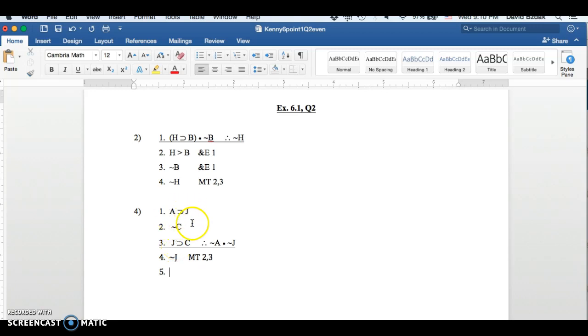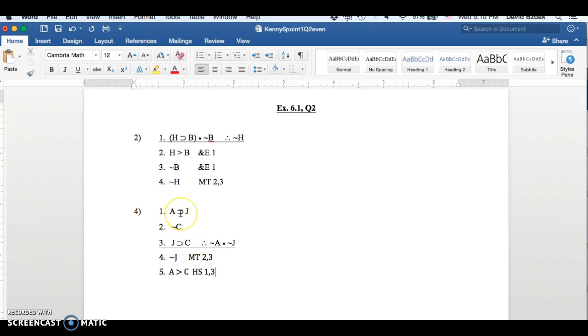So if you have if A then J and if J then C, we can validly derive if A then C by hypothetical syllogism of 1 and 3. So you can see the J's lined up, and they ultimately drop out, right? And your final conditional that you get as output has this as the antecedent and this as the consequent.